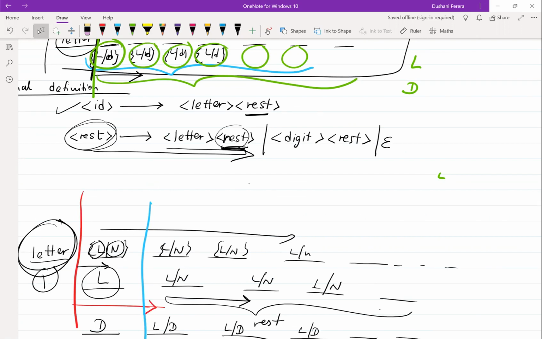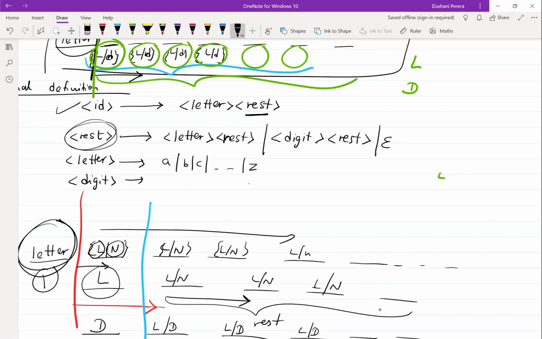But the thing is, rest is defined, we have to define somebody else. Who's that somebody else? We have to say who letters are and who digits are, because even though we know what they are, the computer doesn't know who they are. So we have to say who is a letter. A letter is either A, or B, or C, up until Z. Finally, who is a digit?